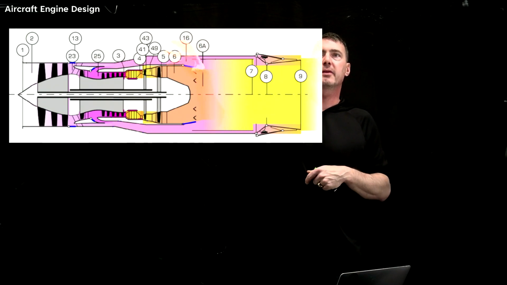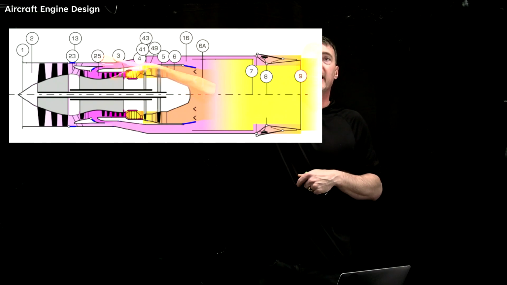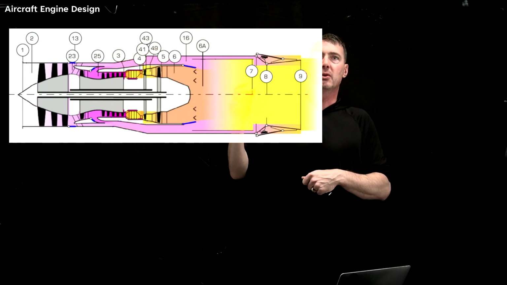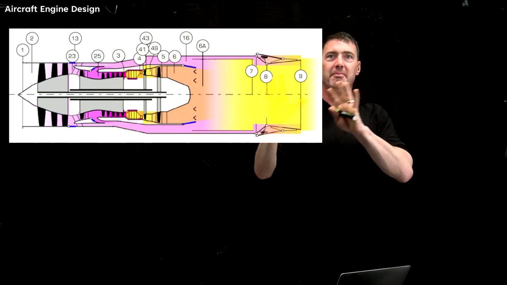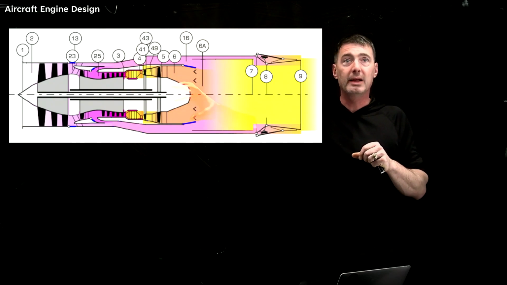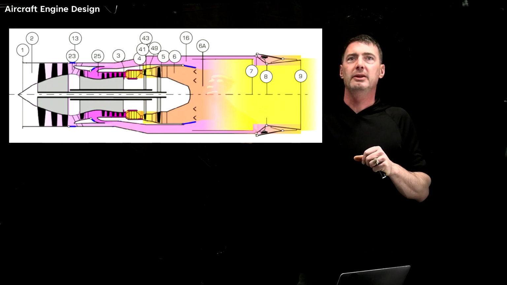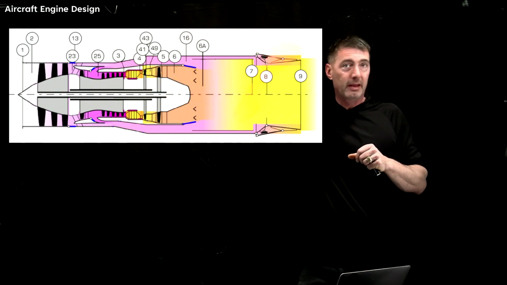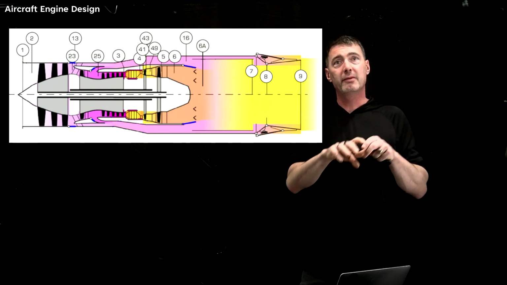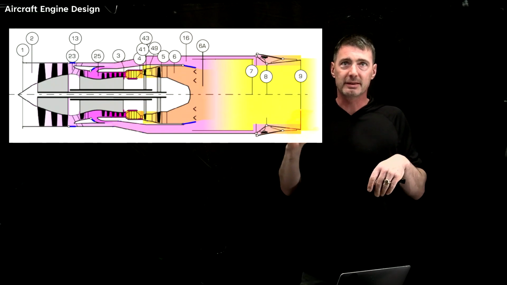Now, a lot of times some of this air is compressed a little bit, right? The fan is pushing. And this is called a bypass. What's happening is you have the core of the engine inside, and what you're driving with the engine is a fan. I know turboprops are usually what we think of as an engine driving a propeller, but a jet engine is basically the same thing.